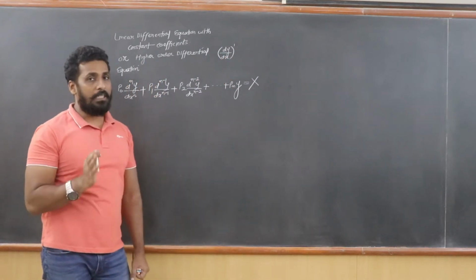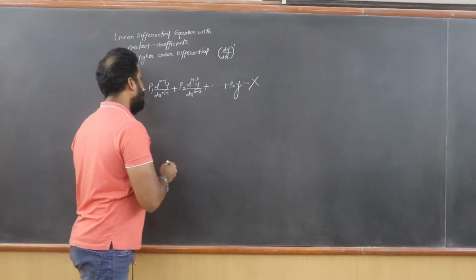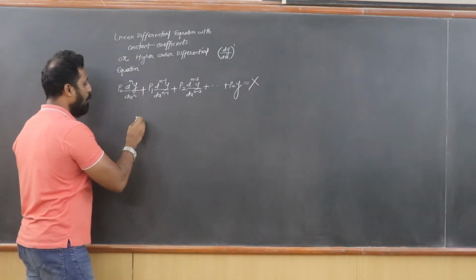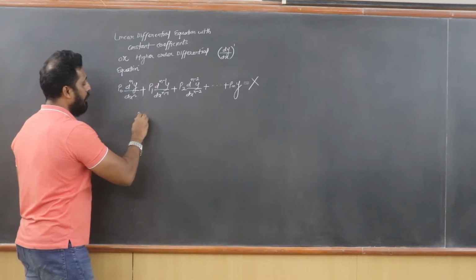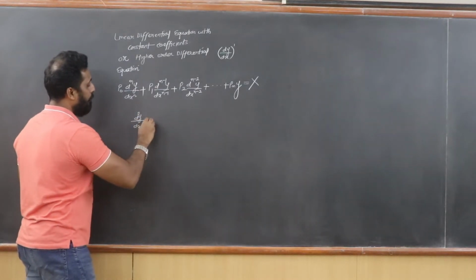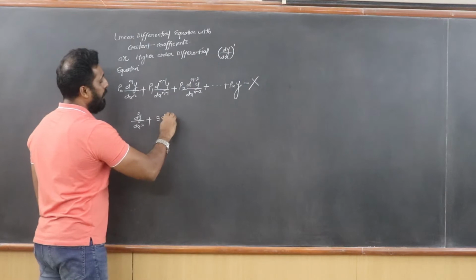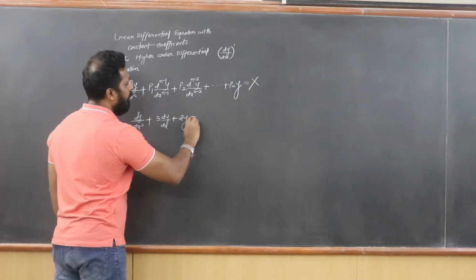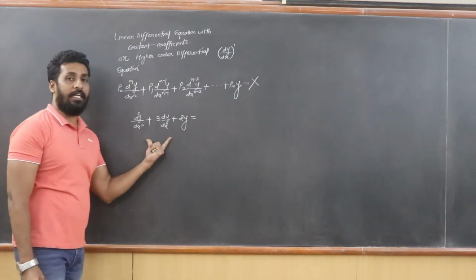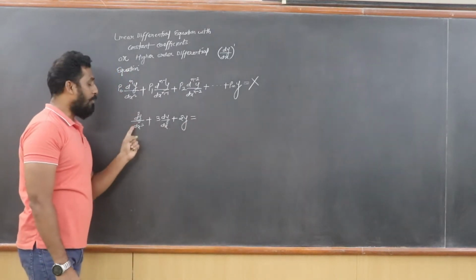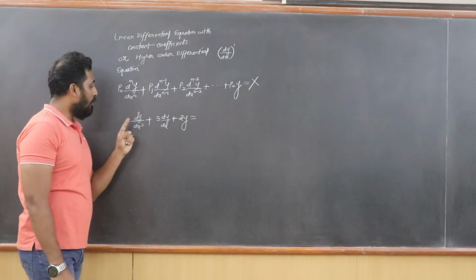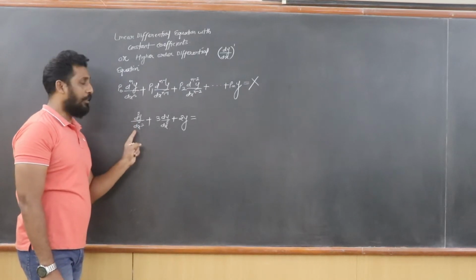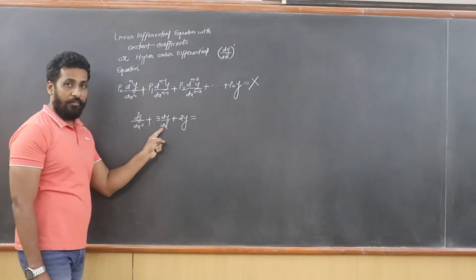I said power as well as order. For instance, if I write a differential equation, let us say d2y by dx square plus 3 dy by dx plus 2y is equal to, so if you observe this left hand side, d2y by dx square is a second order differential coefficient. dy by dx is obviously a first order differential coefficient.